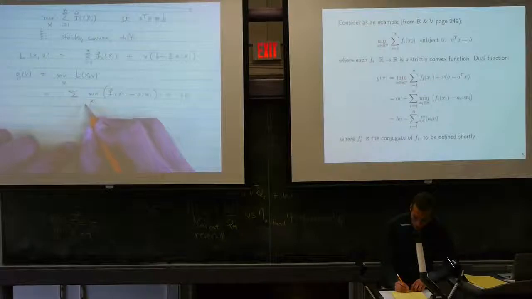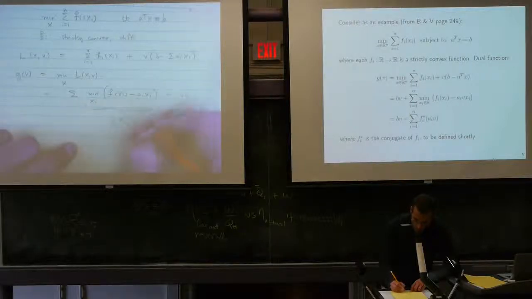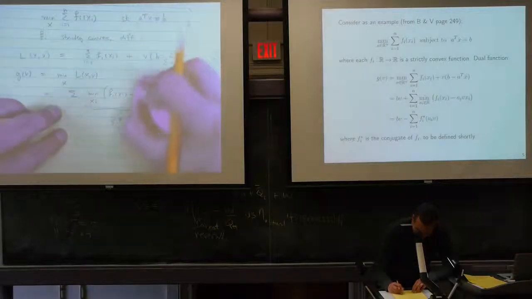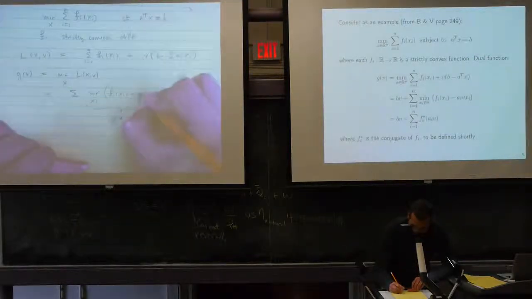Oh, I'm sorry, I missed a v here. It should be v times a_i times x_i.